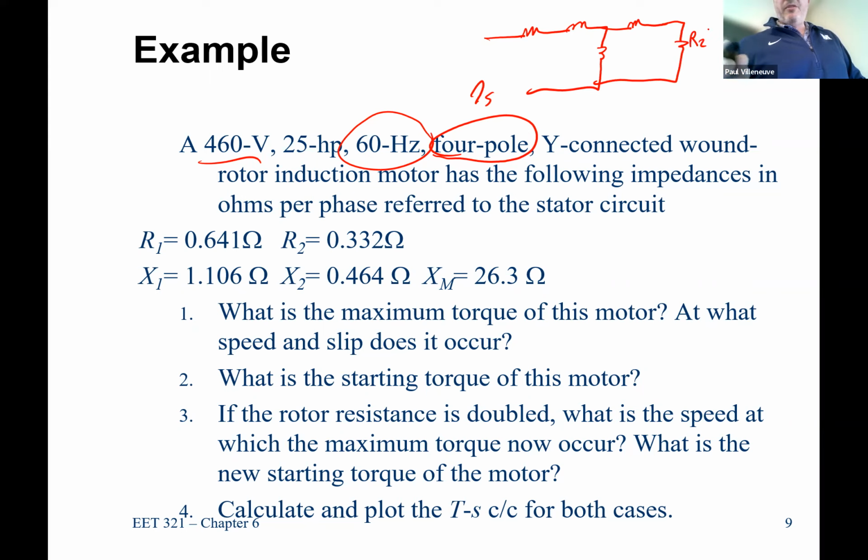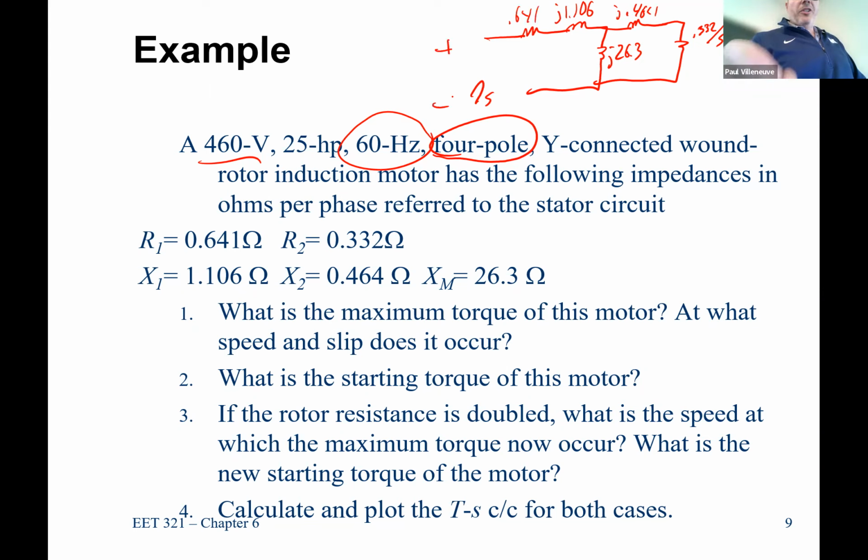Oops, I'll put the actual numbers in there. So this is 0.332 over slip. And notice that my slip is not known at this point, right? So I have to write it as a variable. So that's 0.332 divided by S. This is J 0.464, J 26.3, J 1.16, 106, and 0.641.